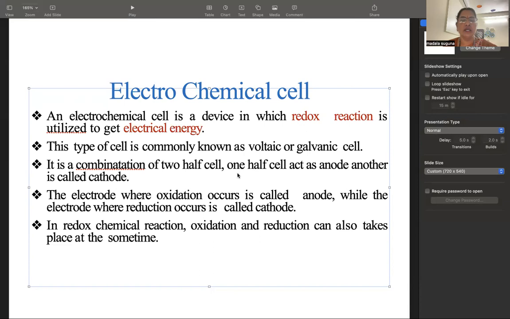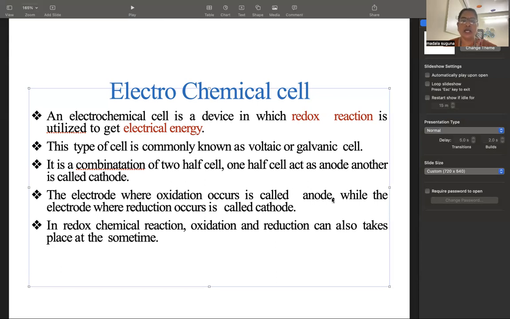Anode is made by an electrode, that means zinc kept in contact with its own salt solution, that is ZnSO4, acts as anode. Another half cell, having a copper metal rod, is kept in contact with cupric sulfate.